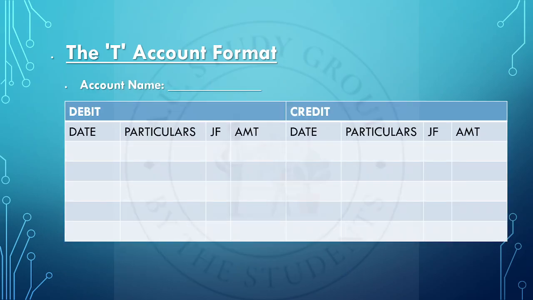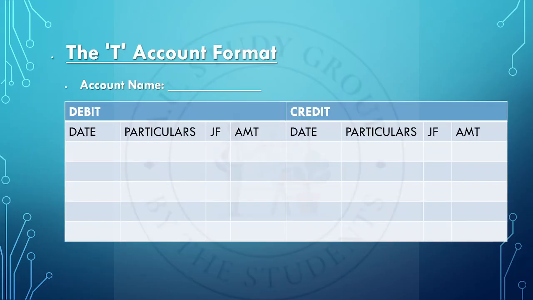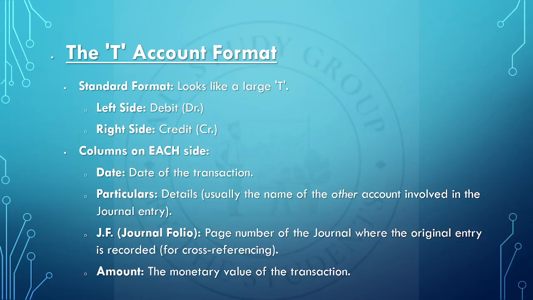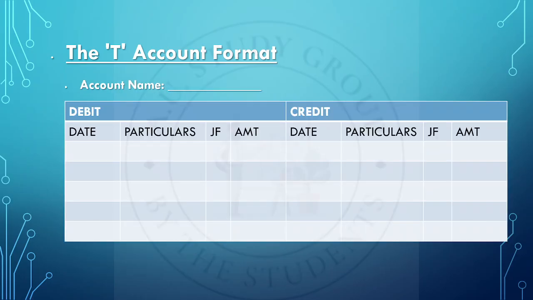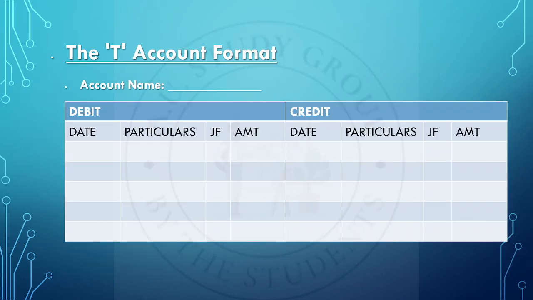Particulars is the name of the other account involved in the journal entry. JF, journal folio, is the page number of the journal where the original entry is recorded, just for cross reference. The amount is the monetary value of the transaction.